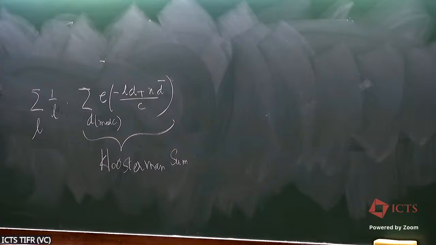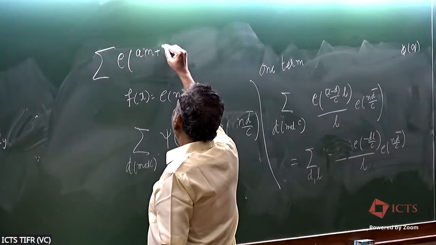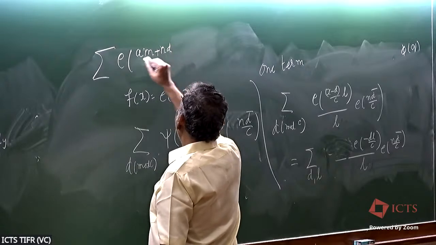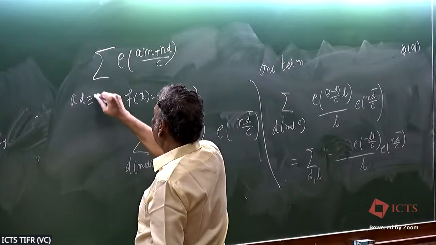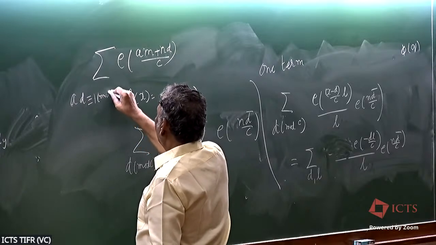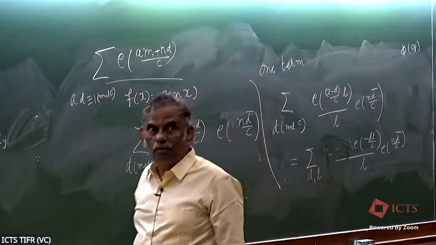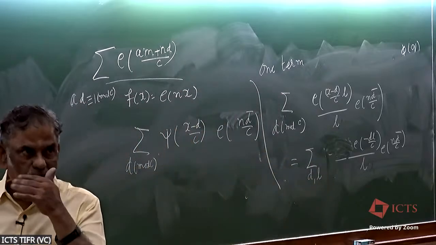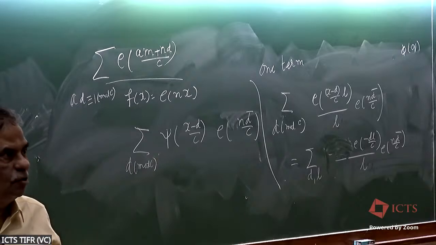That is, the summation of e((m a plus n d)/c), where a d is congruent to 1 modulo c, m and n are fixed, and a and d go modulo c. Such a sum is called the Kloosterman sum, and that's exactly what you have.